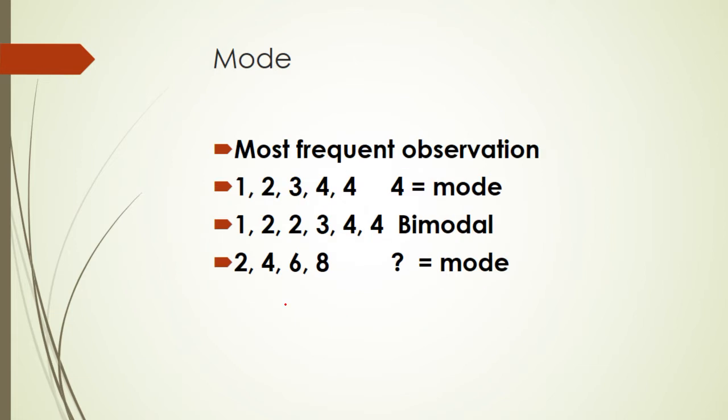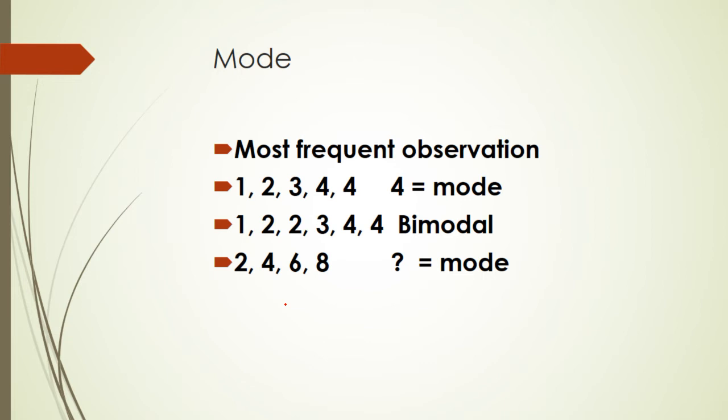And then lastly, there's the mode. Mode comes from a French word that means fashionable, so pie a la mode is like fashionable pie. It's the observation that occurs the most often. That's how we know things are fashionable. We see them everywhere. So if I see the numbers 1, 2, 3, 4, and 4, 4 is the mode because there's more 4s than anything else. If I had 1, 2, 2, 3, 4, 4, then we would call that bimodal because there's two modes.